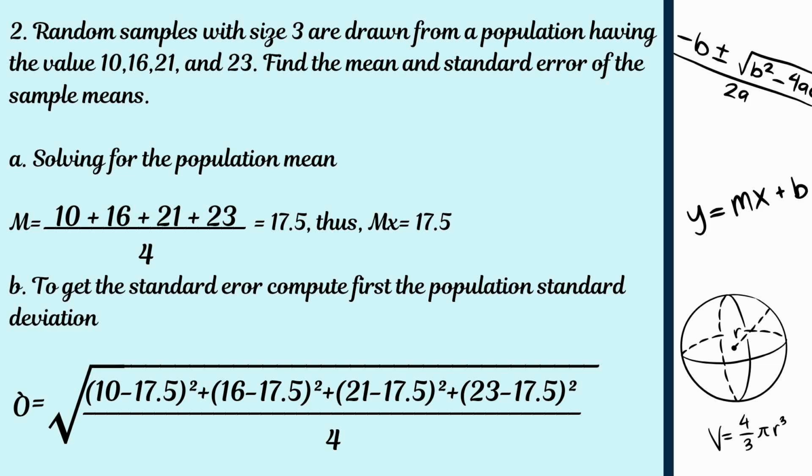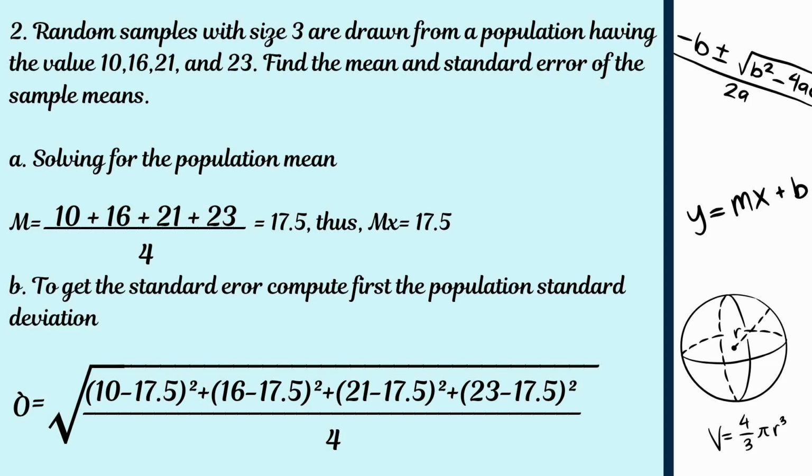B. To get the standard error, compute first the population standard deviation. The formula for the population standard deviation is sigma equals the square root of the quantity of the sum of x sub i minus mu squared over n.